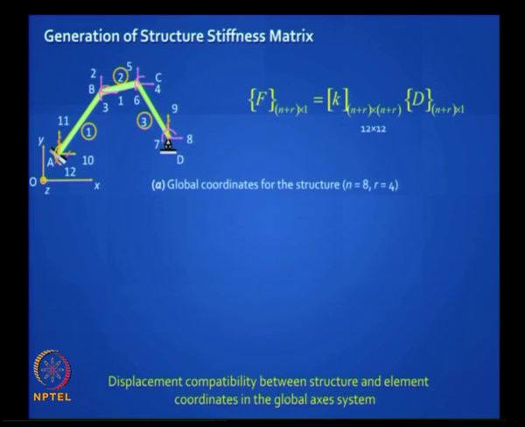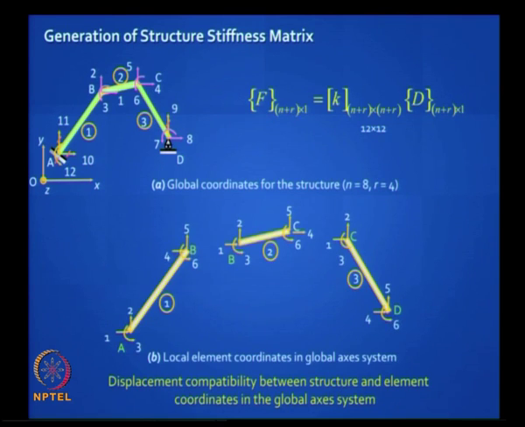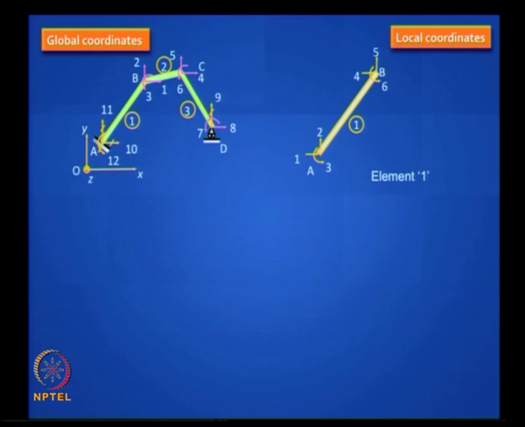Let us just demonstrate with one example, then only you will understand. Okay, you have got this problem, you have got 12 degrees of freedom, 8 are active, 4 are restraint. These are our element level degrees of freedom aligned in the global axis system, okay, and these are the compatibility relationships.